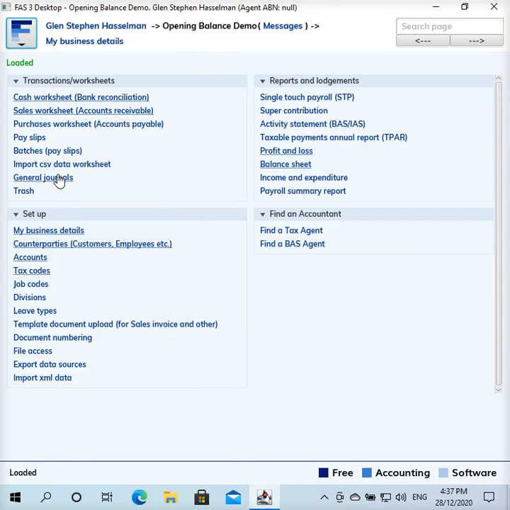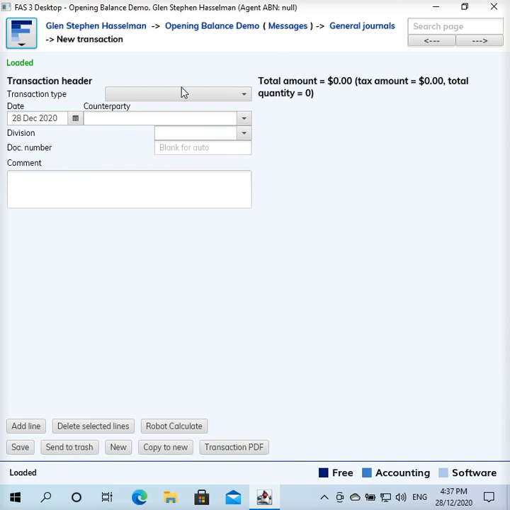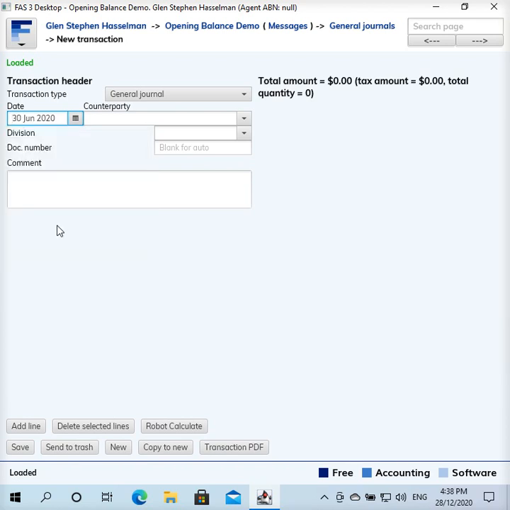So we go back to the general journals and do a new transaction. Now this journal could be combined with the previous one I just did. I'm just showing that separately for the purpose of demonstration. I think it's a little bit easier to understand rather than try to correct the balance of two accounts in one journal.